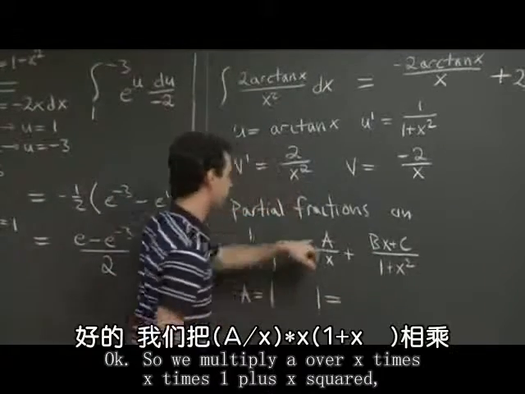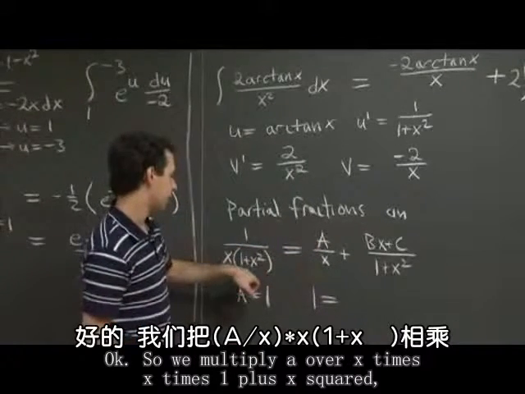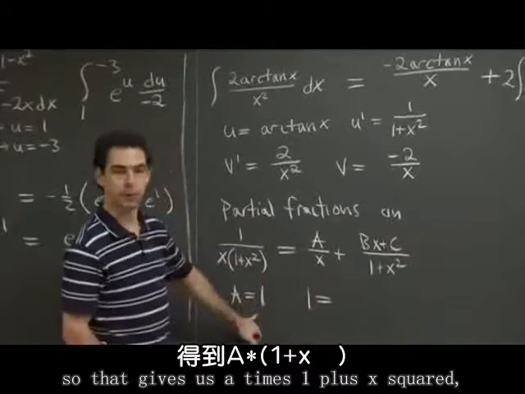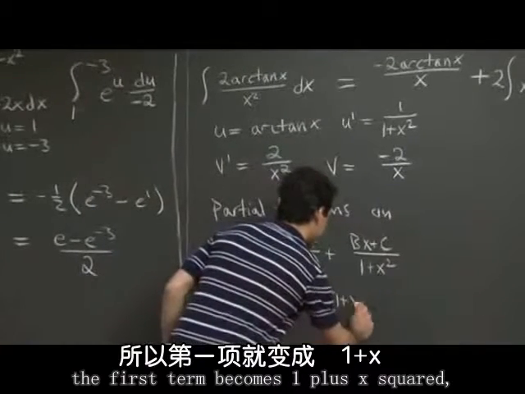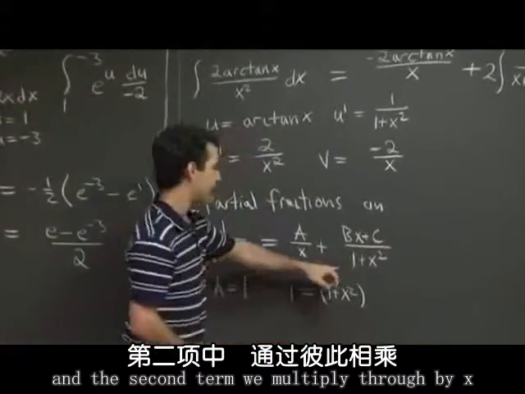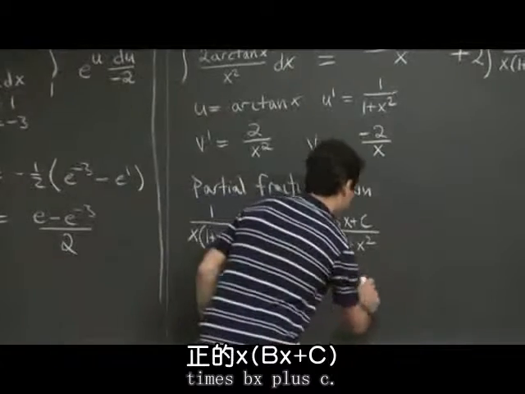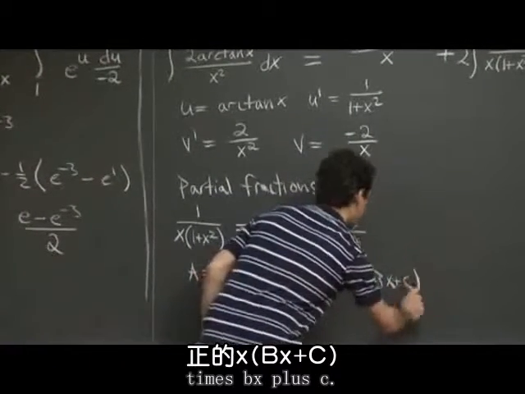On the right, we multiply A over x times 1 plus x squared, so that gives us A times 1 plus x squared. But we know that A is 1, so the first term becomes 1 plus x squared. And the second term we multiply through by x times 1 plus x squared, and the 1 plus x squareds cancel. And we're left with plus x times Bx plus C.